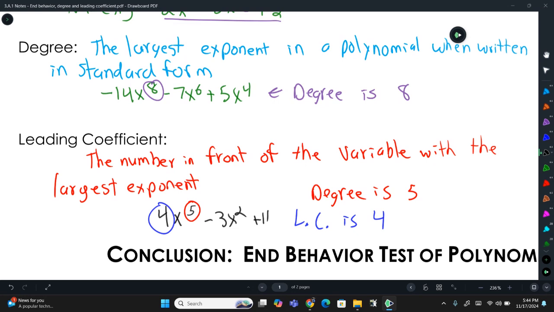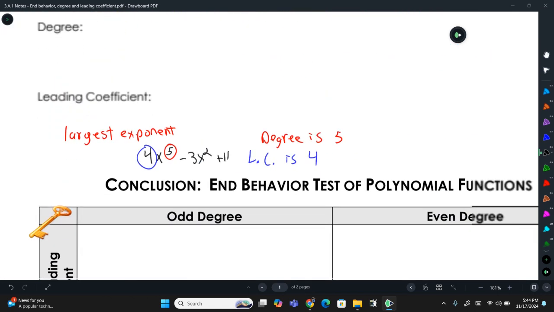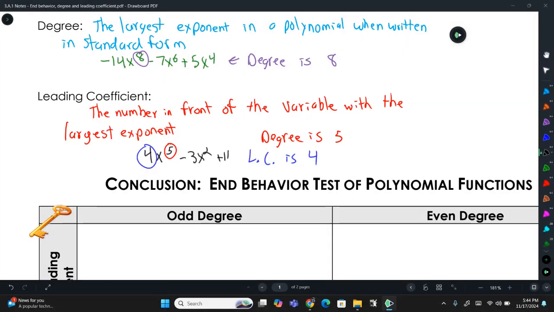So then we're going to talk about how the leading coefficient and the degree affect the end behavior of a function. So we talked about end behavior of absolute value and quadratics, but now we're going to expand that to all types of functions.